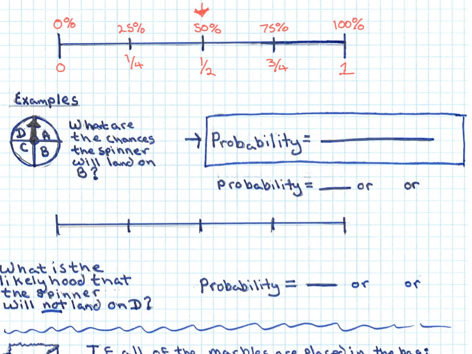A lot of probability problems look something like this. What are the chances the spinner will land on B? We use this fancy formula to figure out the probabilities. So when we're finding probability, we use a fraction, and the numerator is always the number of favorable outcomes.